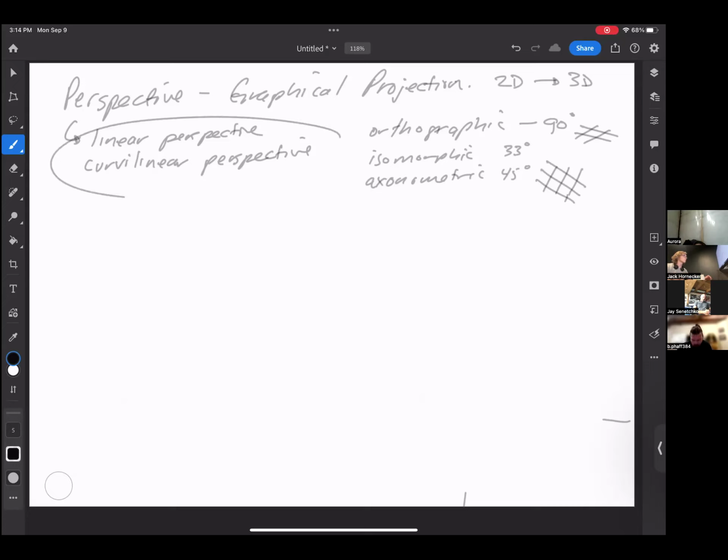So we're going to do both of these things because they create a quote-unquote realistic representation of the world. We're going to do a little bit of this because of its relationship to these two things. We're not going to do either of these things, other than mention them and how they're confused with linear perspective.